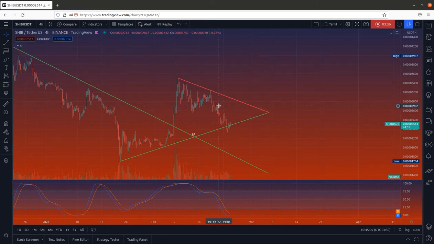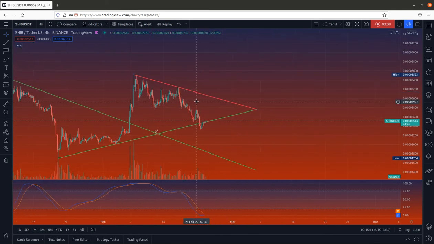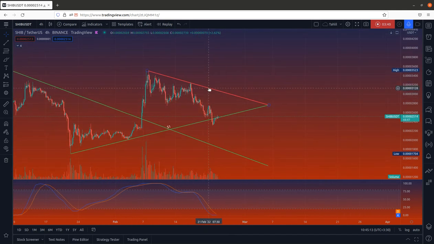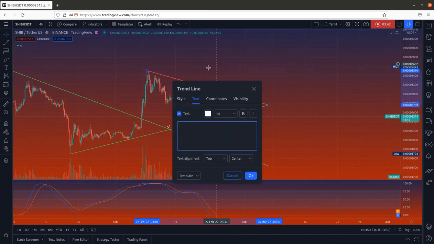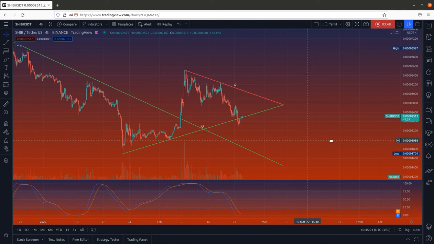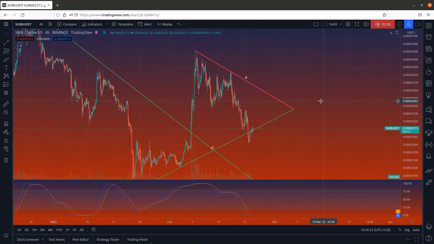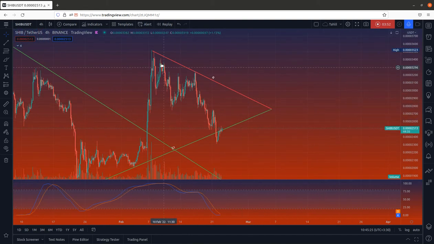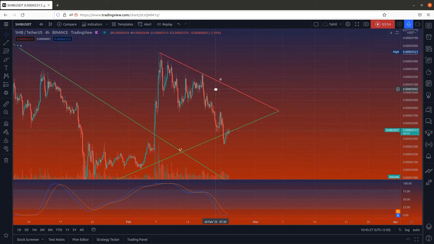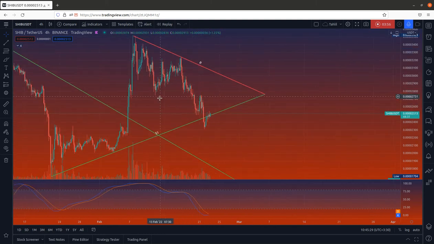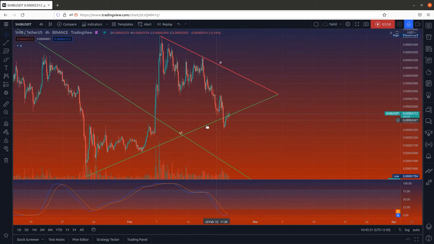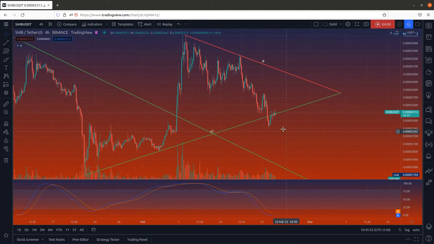As you can see here, the price came back down. Let's name it the resistance line here. The price came down, hit this line several times, could not break it, came down to this previous support line, this S1 line, as you can see here.